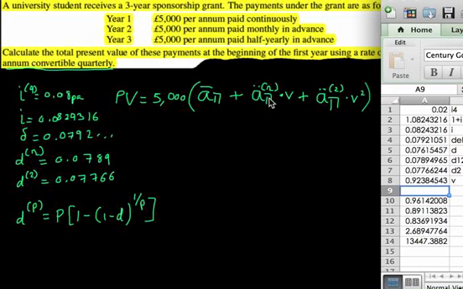So this bit over here will take us from payments coming in the second year to the start of the second year. We need to bring it back to the beginning of the first year. So we multiply it by v, and then over here, this will take us payments to the start of the third year. We need to bring it back 2 years. So that'll be this bit over here, where we've got to discount it back 2 years, v squared, and then all of them is multiplied by 5,000.